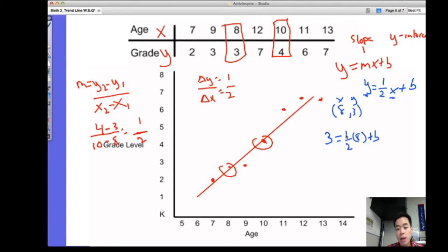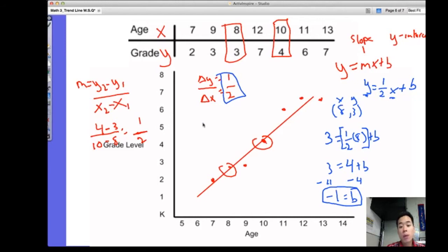Subtract 4 from both sides, and I get b is equal to -1. So in my equation now, I have my y-intercept, I have my slope, put them together. y is equal to 1/2 x minus 1.